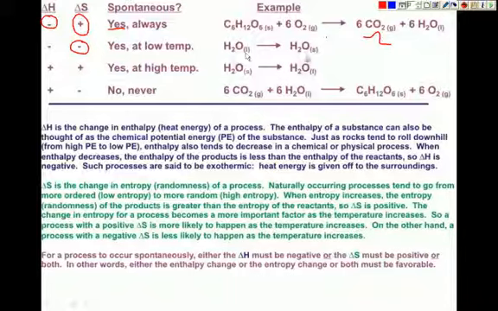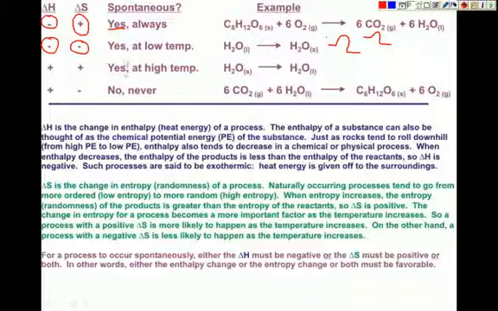However, a liquid going into a solid means that it has to lose a lot of energy in order to become a solid, and therefore it's going to have a delta H that is negative.